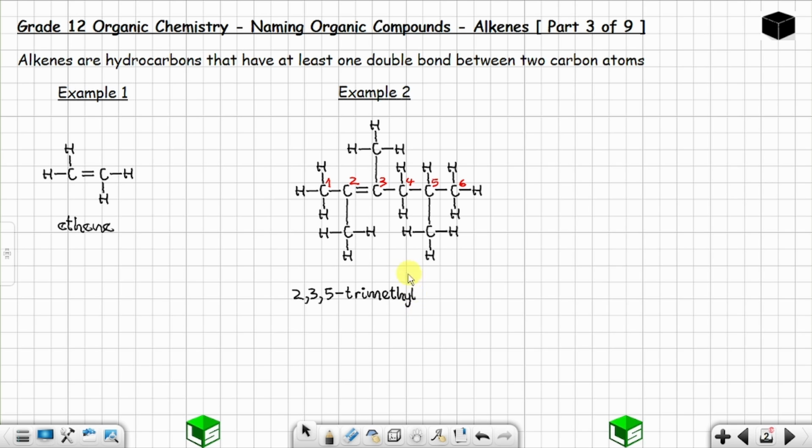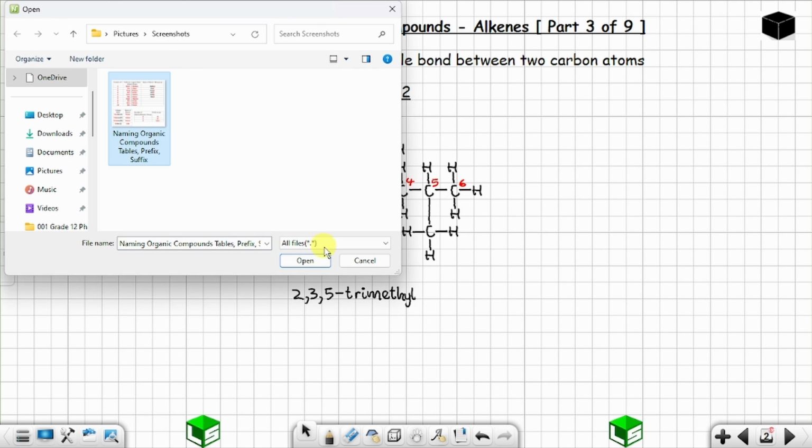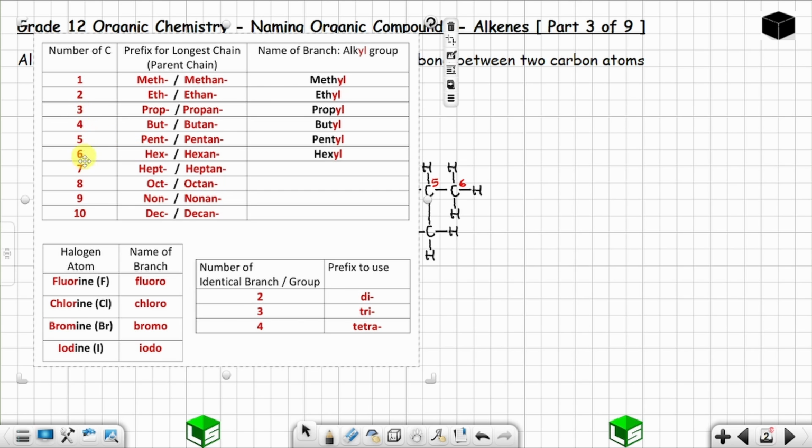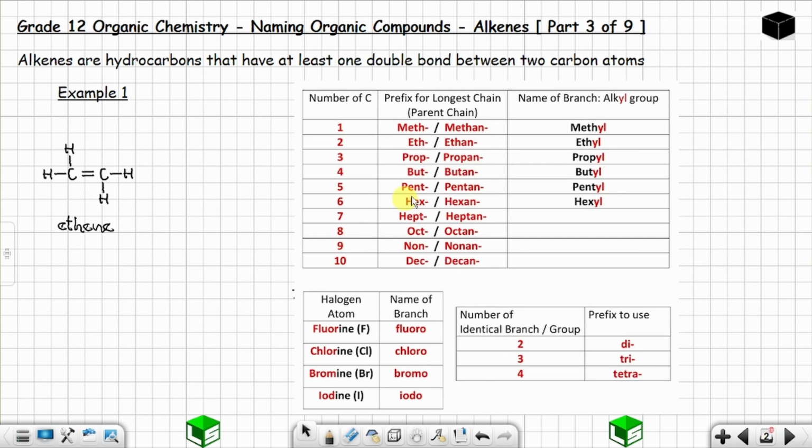Now our parent chain is made up of 6 carbon atoms. When you have 6 carbon atoms in the parent chain, you are going to use the prefix hex, and you are going to follow it with the suffix ene.